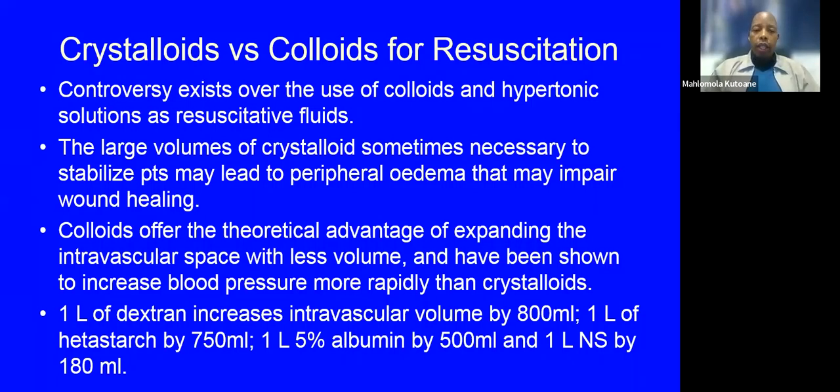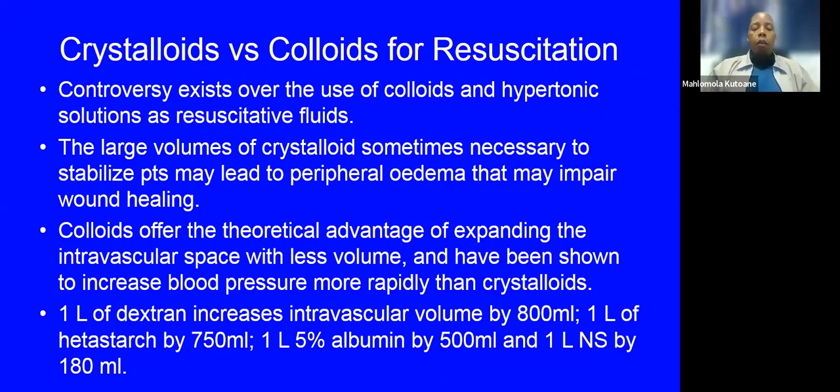While with colloids, they offer the theoretical advantage of expanding the extracellular space with less volume, and they have been used to increase blood pressure more rapidly than the crystalloids.